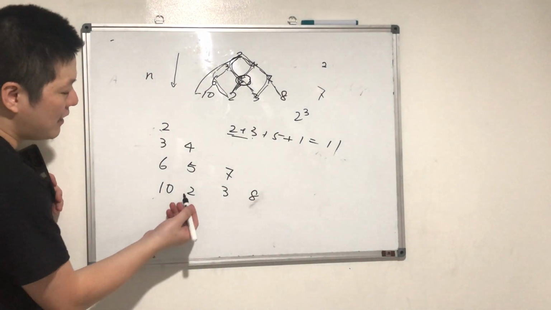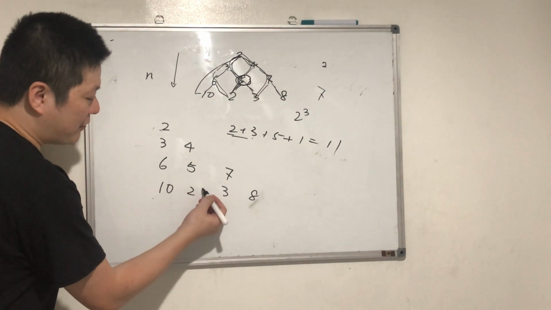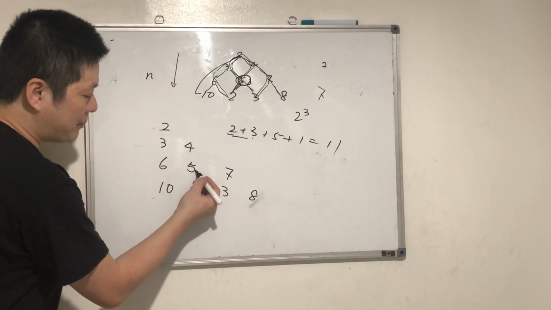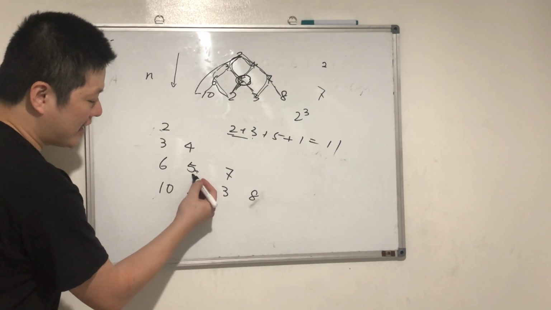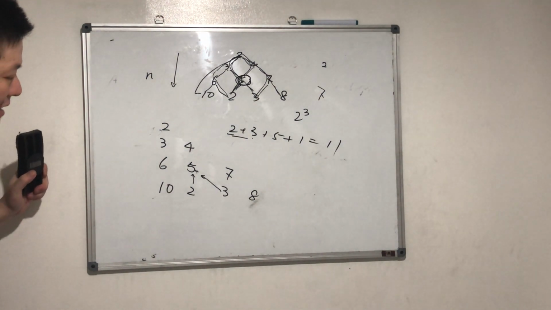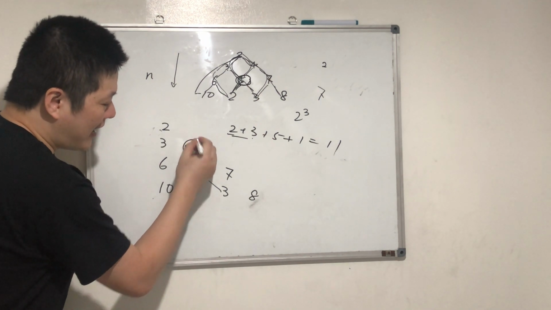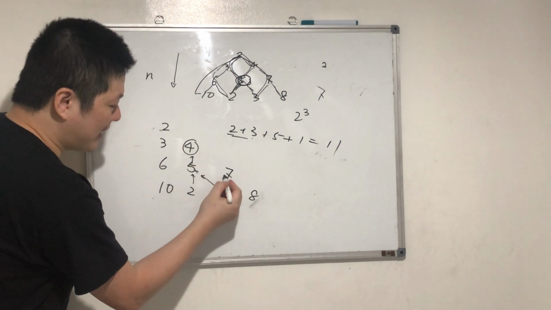If we want to go through this position, you can come from here or here, right? So if I want to come here, I have two choices, it could come here and then here, right?